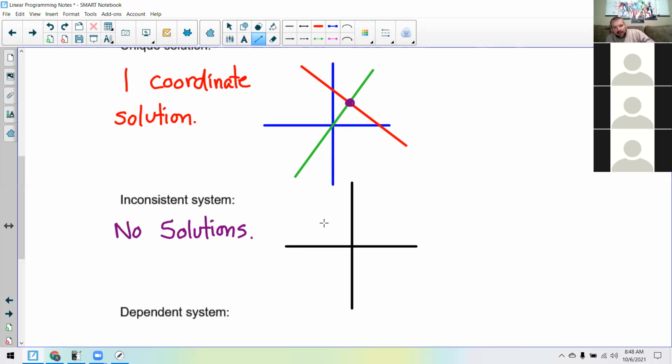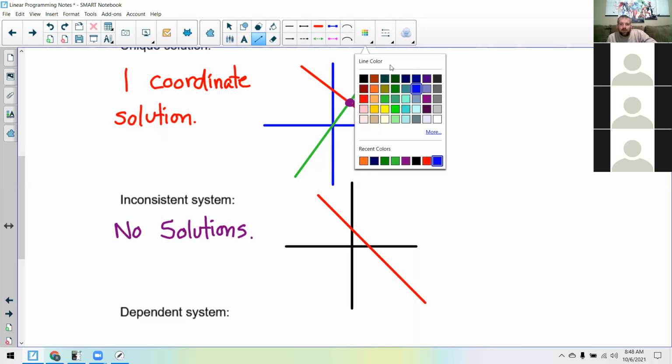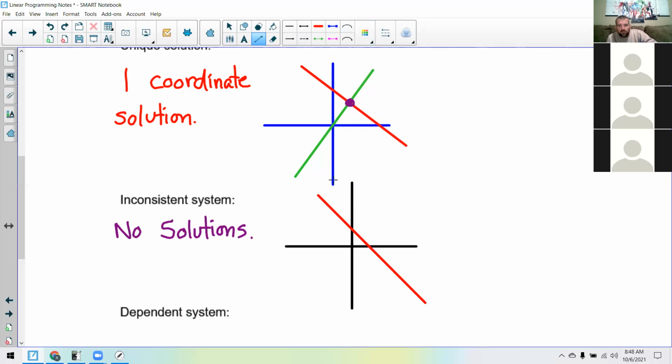Yeah, if my lines, there's one, here's two. If the lines I'm graphing are parallel, I'm looking for the point where the lines cross.